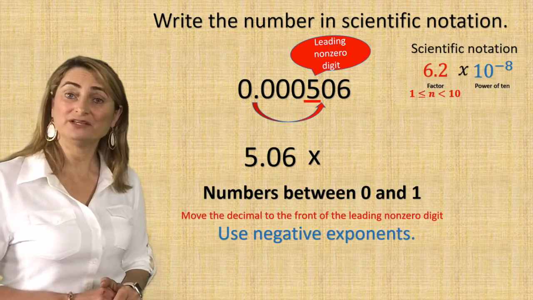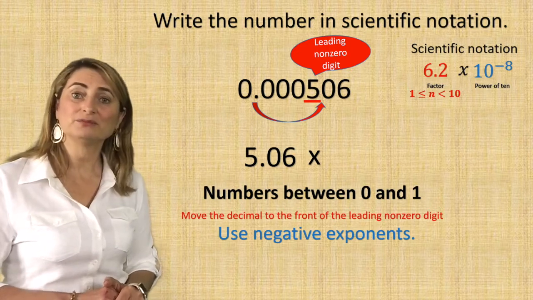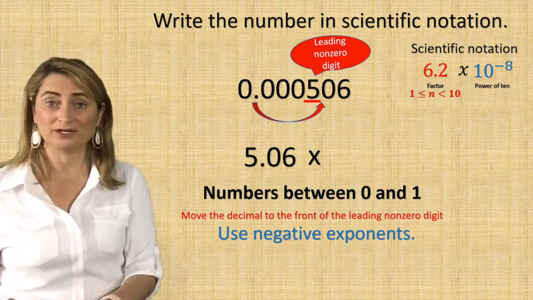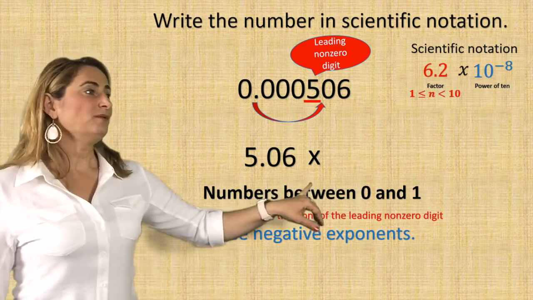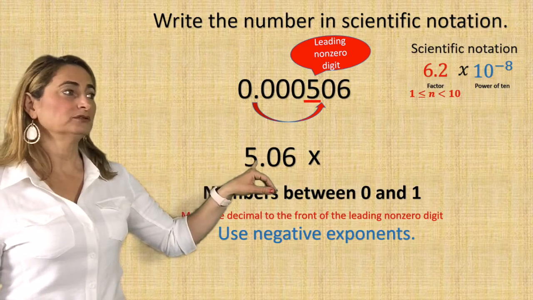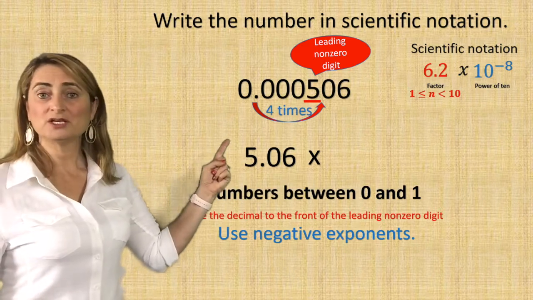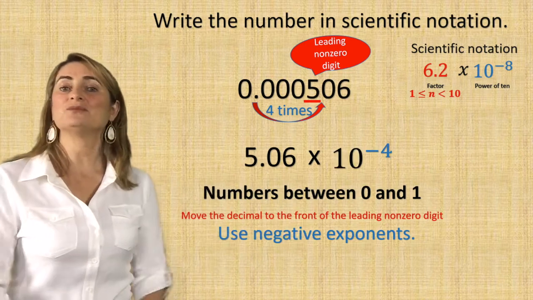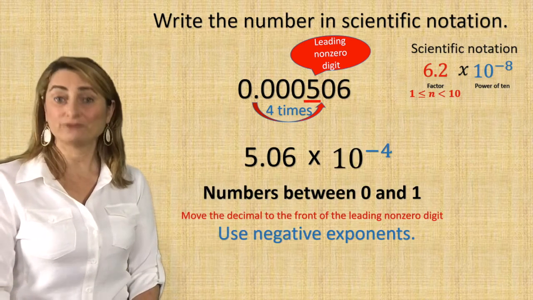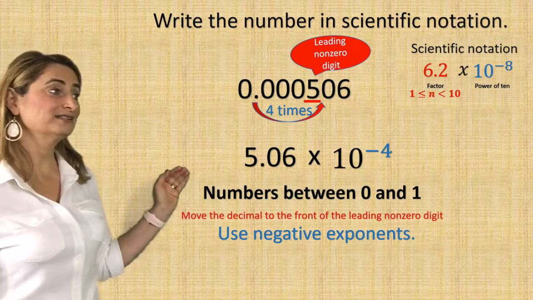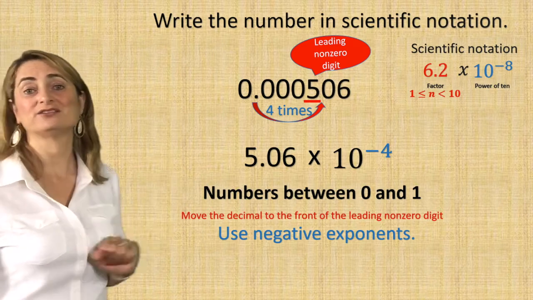And remember, negative exponent is an indication that the number is small between 0 and 1. So how many times did you move the decimal to the front of the 5? You moved it 4 times, so multiply that by 10 to the power of negative 4. And that's the scientific notation from standard form.